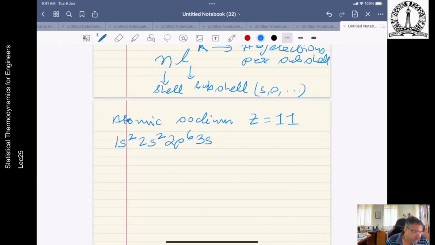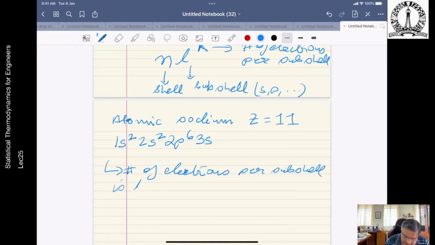However, you see the number of electrons per subshell is limited by ml and ms, which is 2 into 2l plus 1, correct?